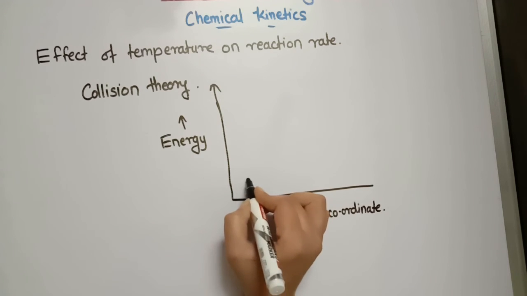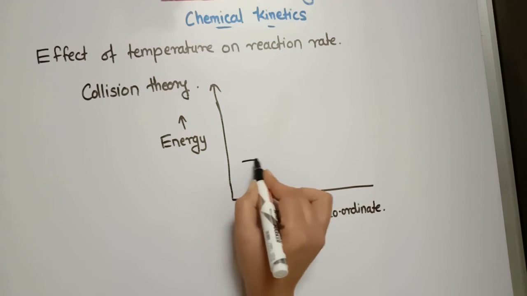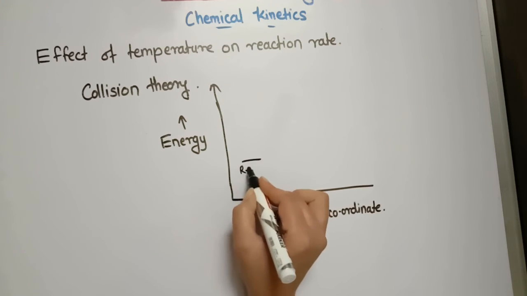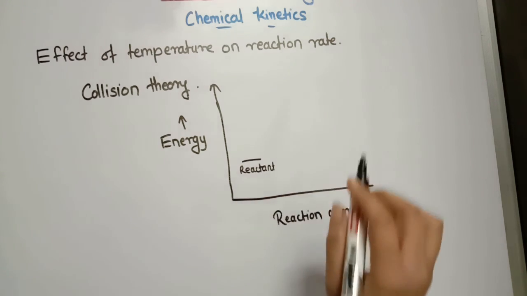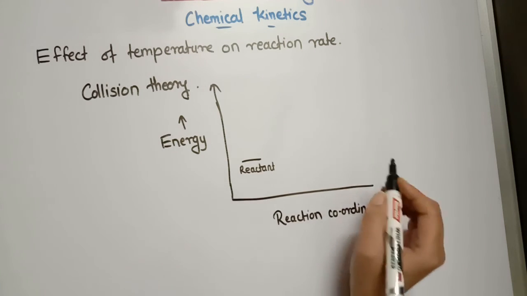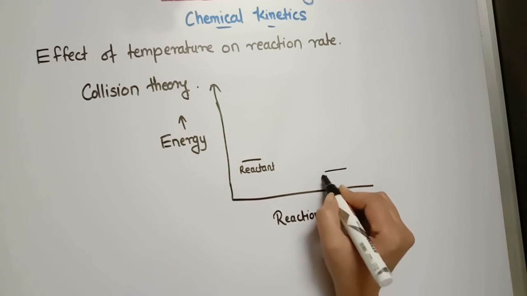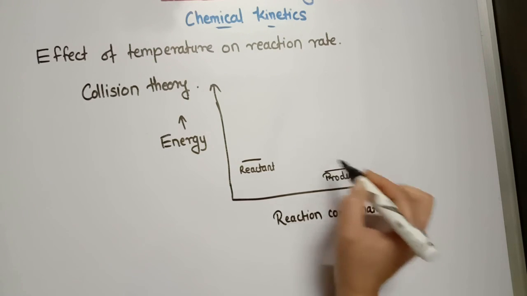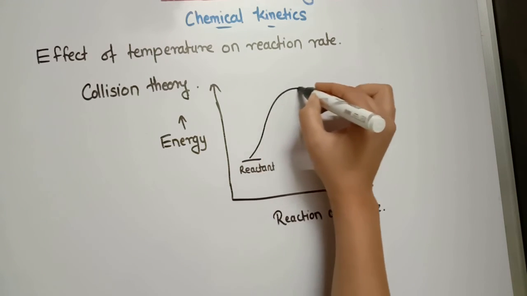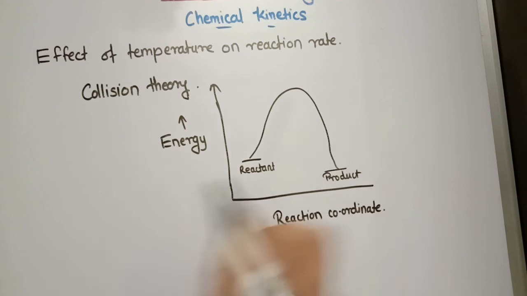Suppose this is the energy of the reactant. For the reactant to get converted into the product, it must cross the energy barrier. That is like this.